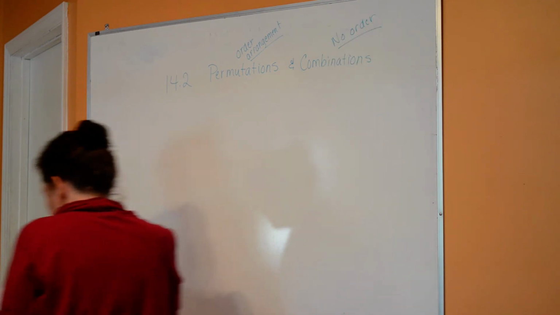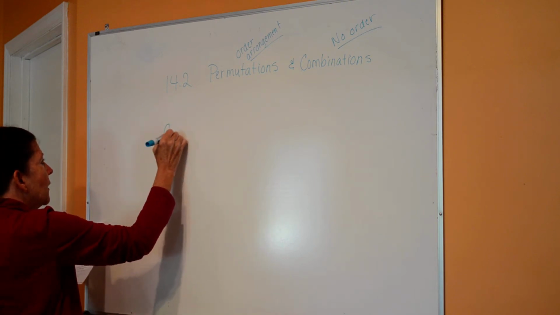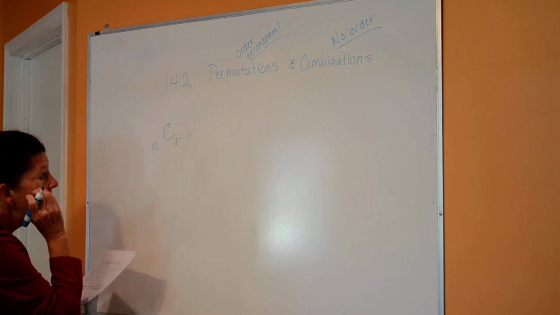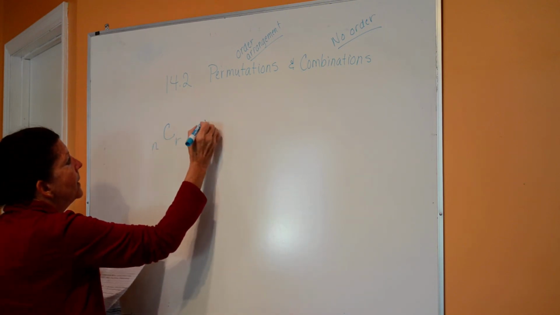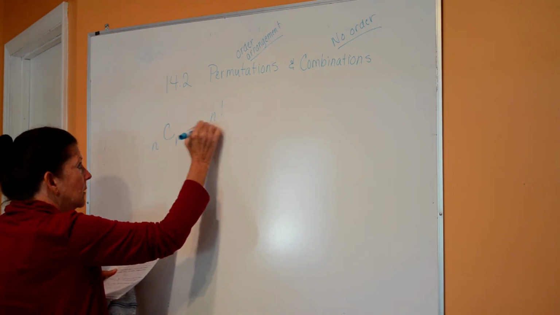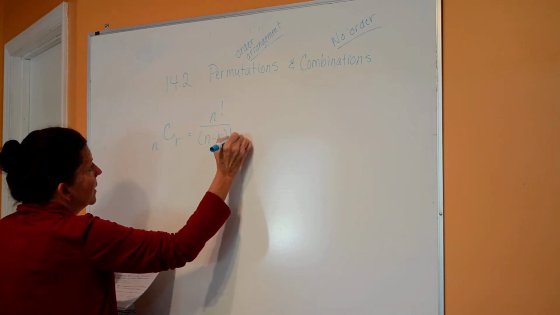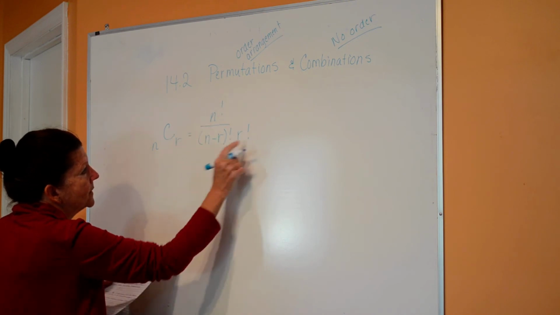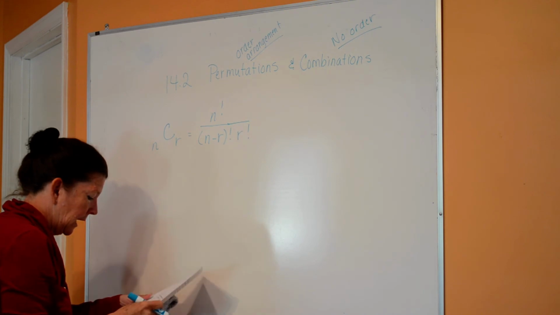Let's talk about an example. Well, let's first talk, we call this a C, and there's a formula for this as well. The combination of n things taken r at a time is n factorial over n minus r factorial times r factorial. This part is the same as the permutations. The times r factorial on the bottom changes it.